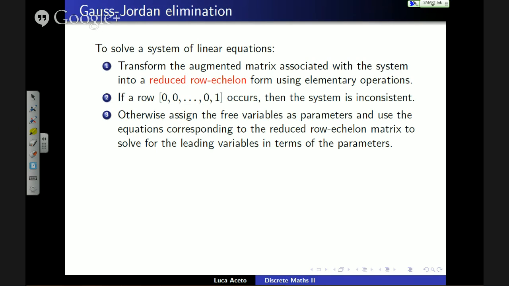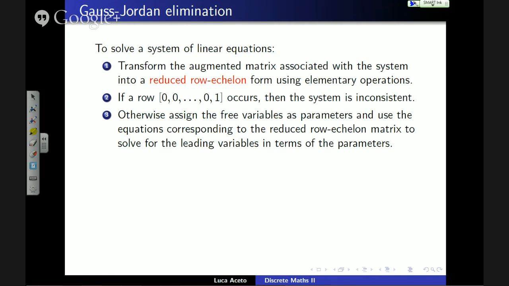What is the algorithm? Give me the system of linear equations. Transform it into an augmented matrix. Now you use the Gaussian algorithm to turn it into reduced row echelon form using elementary operations. If you have a row of the form all zeros, 1, then the system is inconsistent.